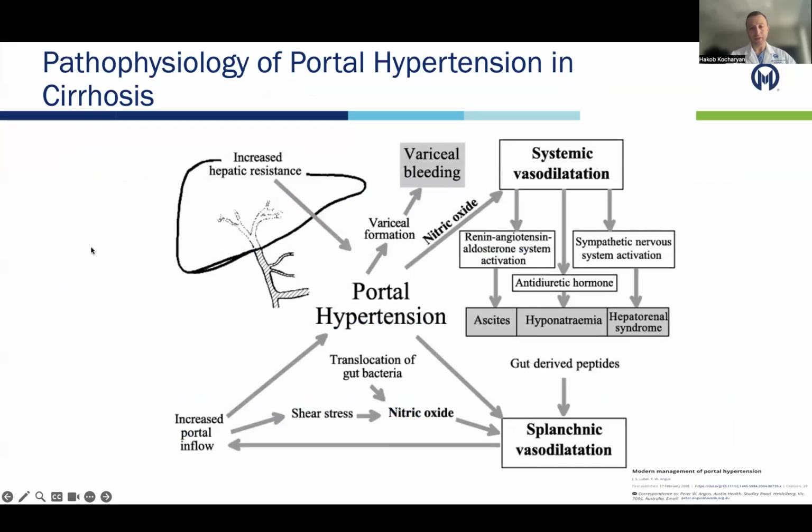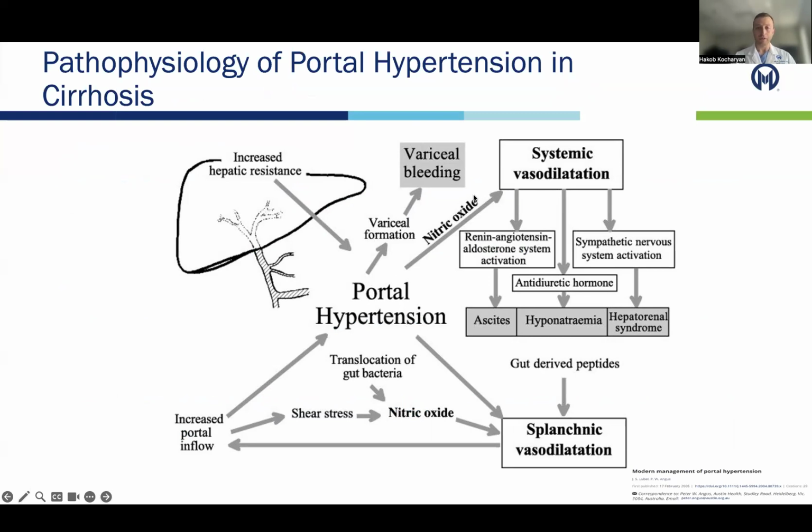Some graphic representation of the events that happen during portal hypertension. First and foremost, you have increased hepatic resistance at the tissue level, sinusoidal level. This results in portal hypertension.